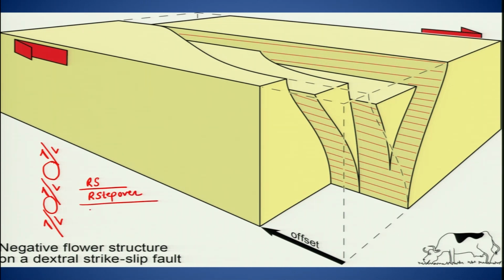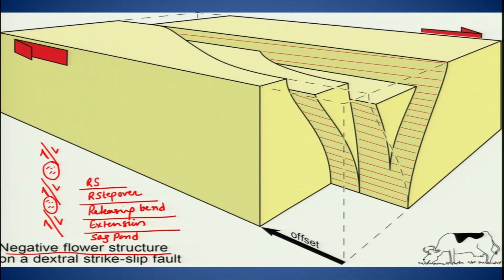So you will see the releasing bend, or you will see extension, or you can also say the formation of sag ponds. So this you should keep in mind. So we have a basin here, extension, and that will be related to the negative flower structure.